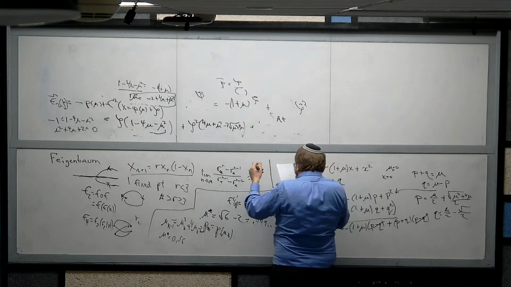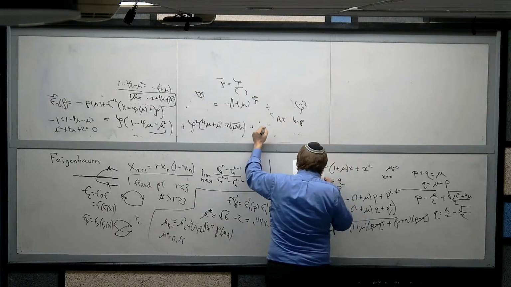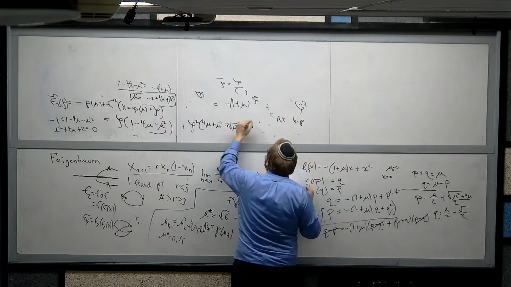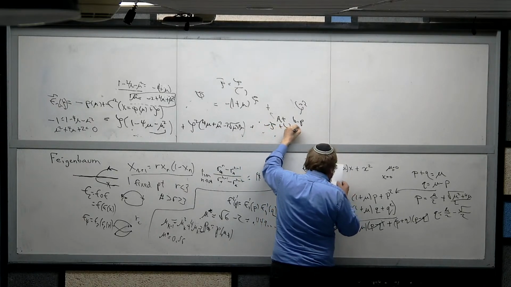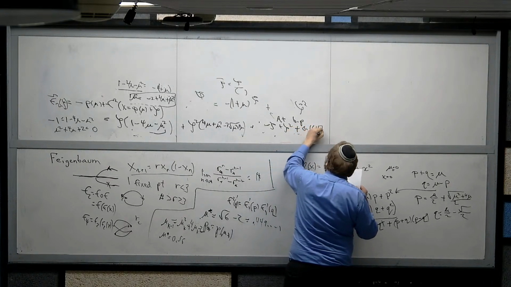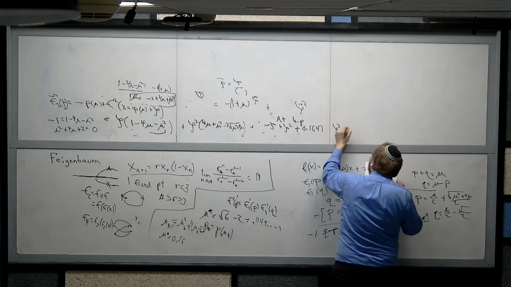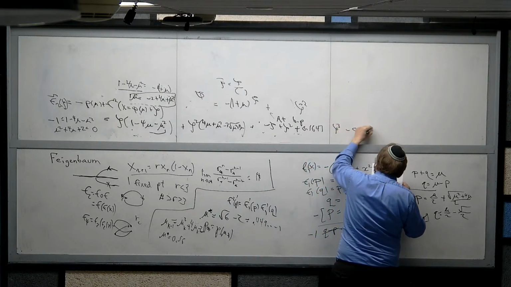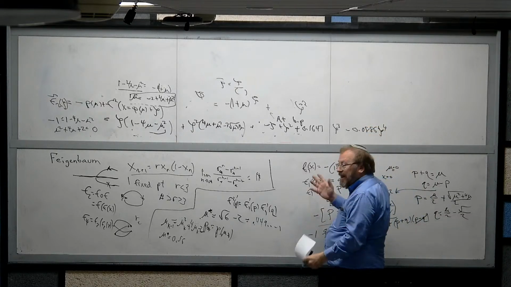But what you have at the bifurcation point is minus z plus z squared plus 0.1647 zeta cubed minus 0.0886 zeta to the fourth. Right? So it's not exactly the same.